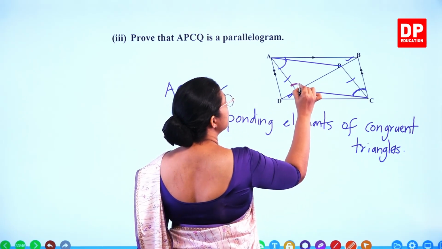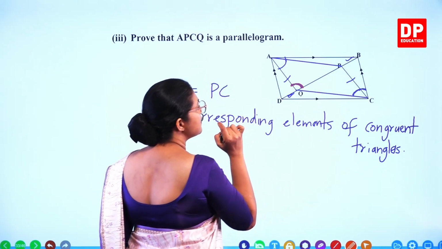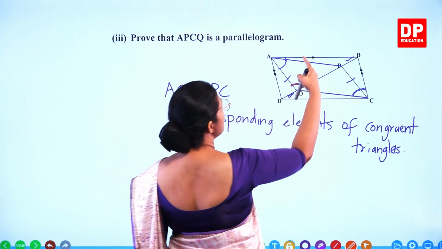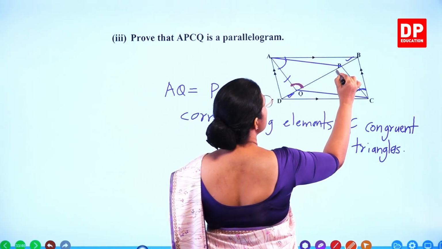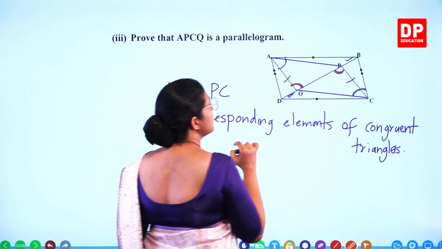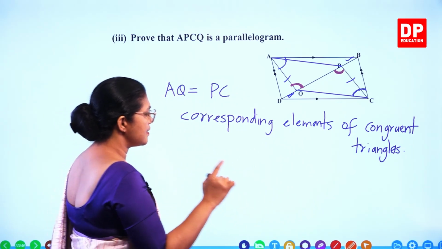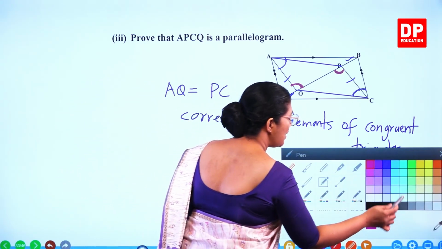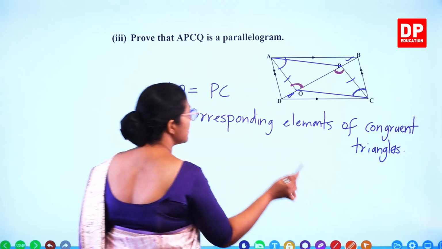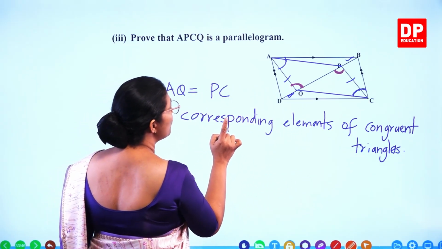This angle is the same as, that's opposite to this, this angle. Again, same thing, corresponding elements of congruent triangles that we proved before.